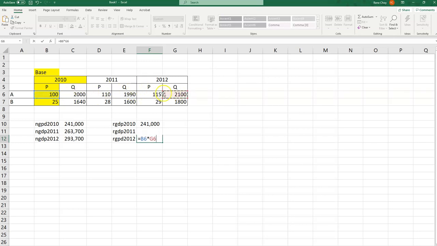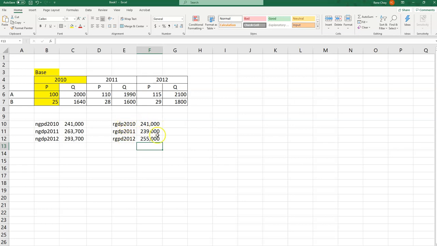Notice again, that's our product A. And then we add for product B, prices on the base times quantities in 2012.